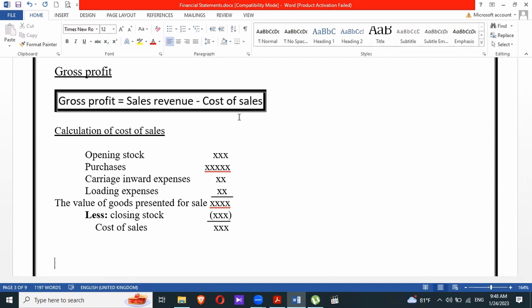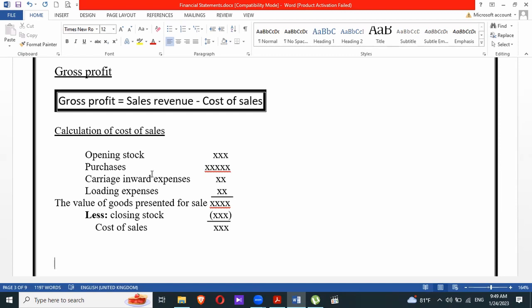We can't take the total purchase as the cost of sales, because we can't sell the total purchase during the particular time period. And also there can be closing stock, so we have to deduct that. And also we can't ignore the opening stock.